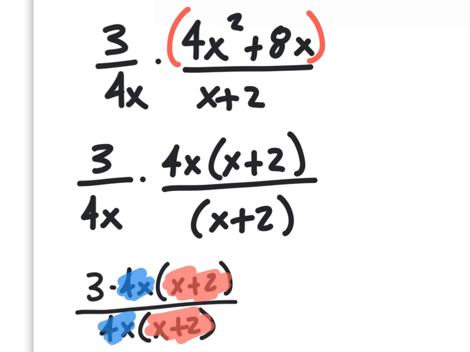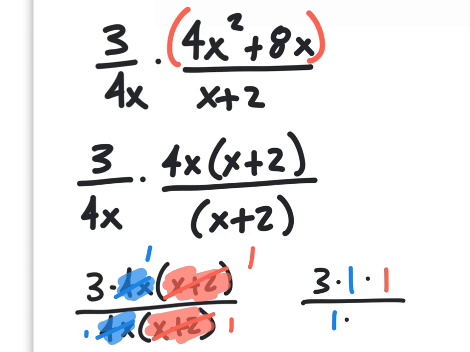If I take x plus 2 divided by itself, that divides out to 1/1. Same thing with 4x divided by 4x, that divides out to 1/1. And what you're left with is 3 times 1 times 1 over 1 times 1.